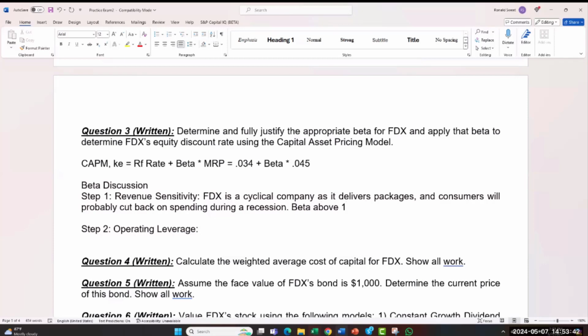Here, FDX has very low standard deviation of margin.